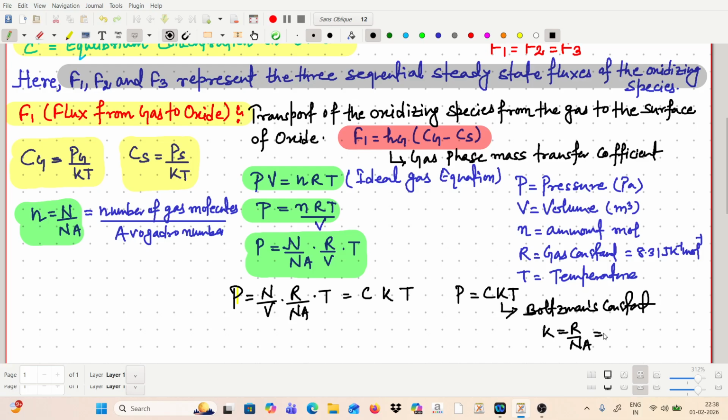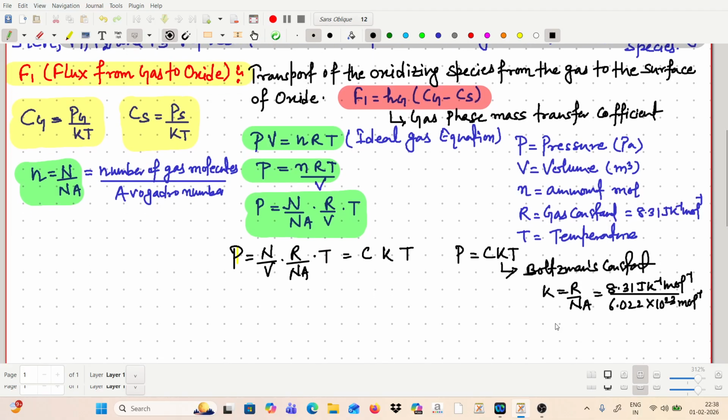If we solve this R by Na, 8.31 joule per Kelvin per mole upon Na, and Na is the Avogadro number, we have to know the value, 6.022 into 10 to the power 23 per mole. If we solve this one, we will definitely get 1.38 into 10 to the power minus 23 joule per Kelvin.